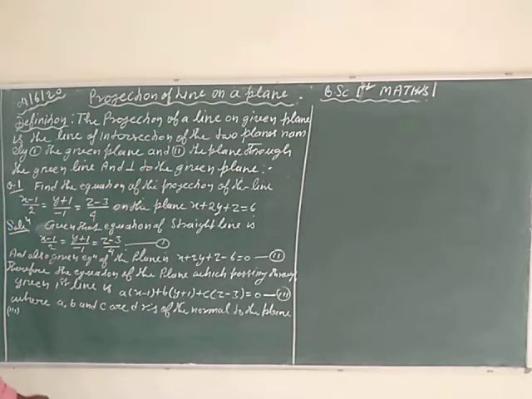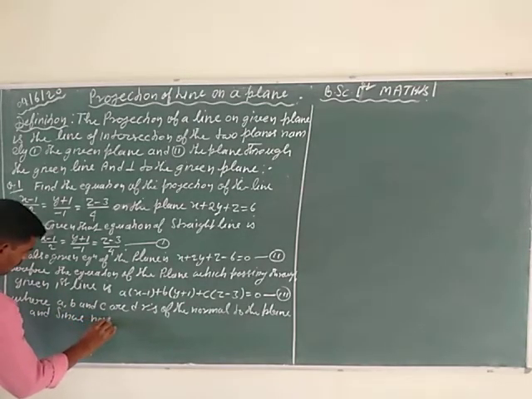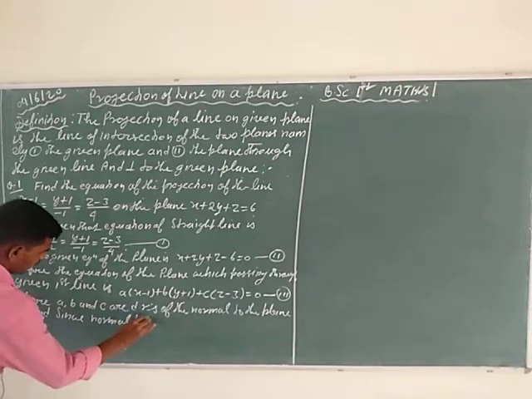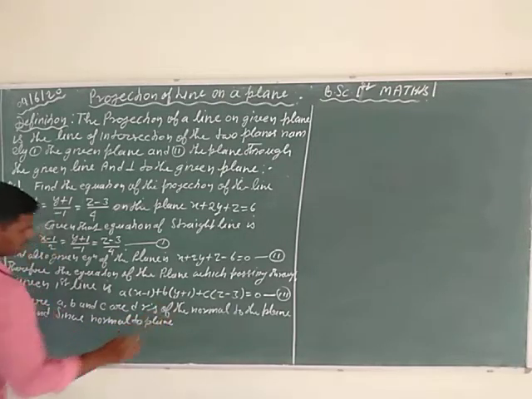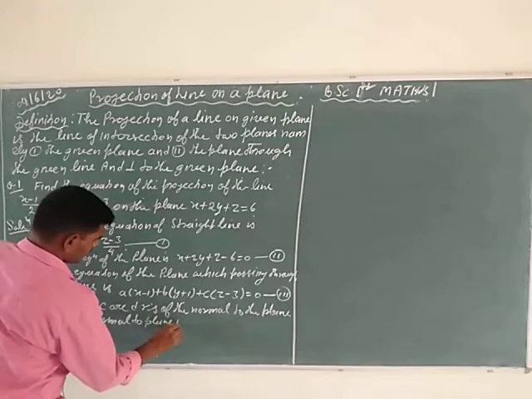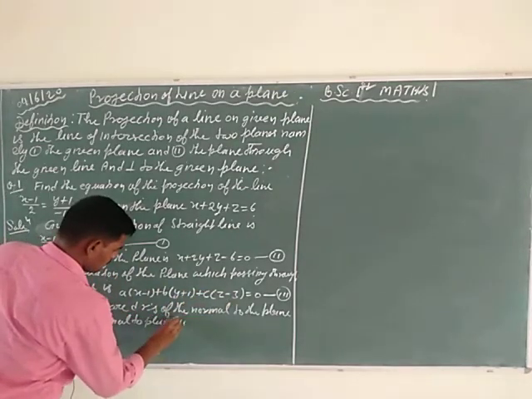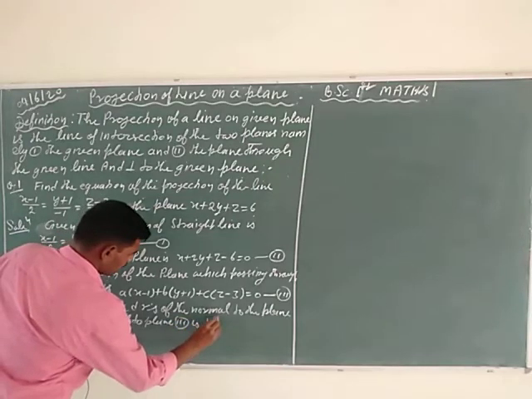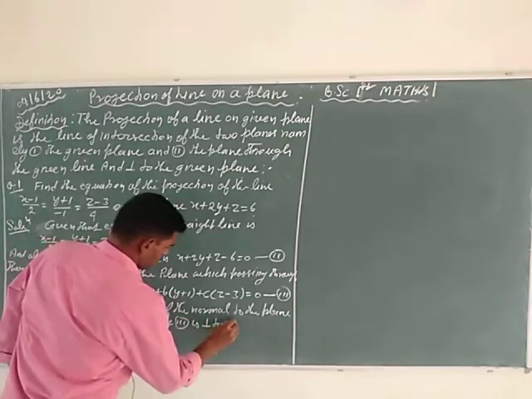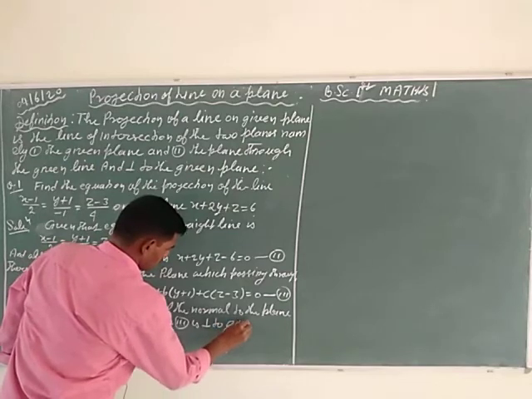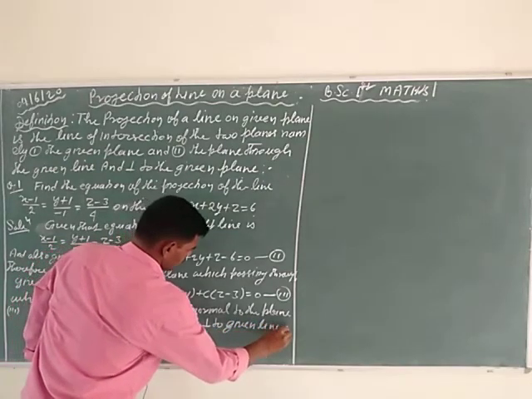So equation third, since the normal to plane third is perpendicular to the given line first.